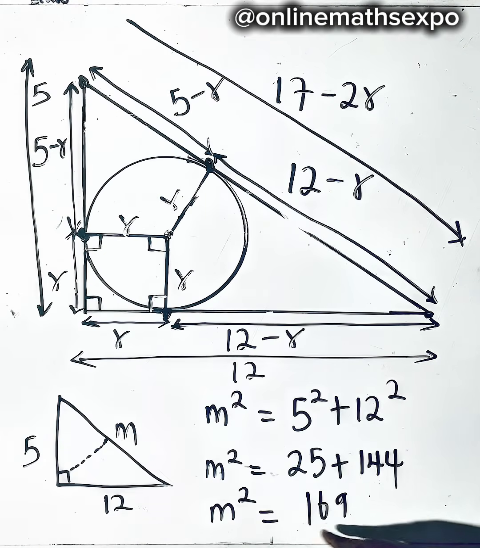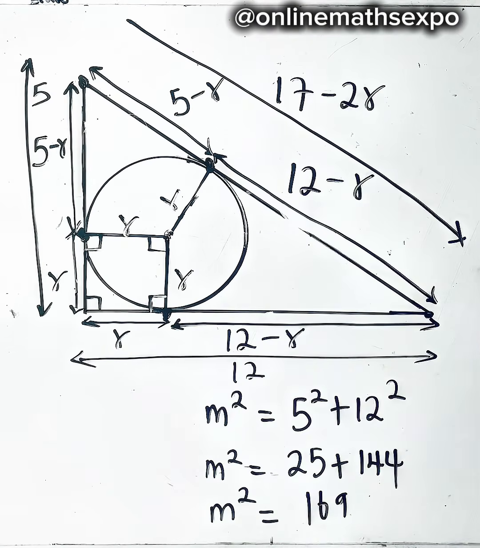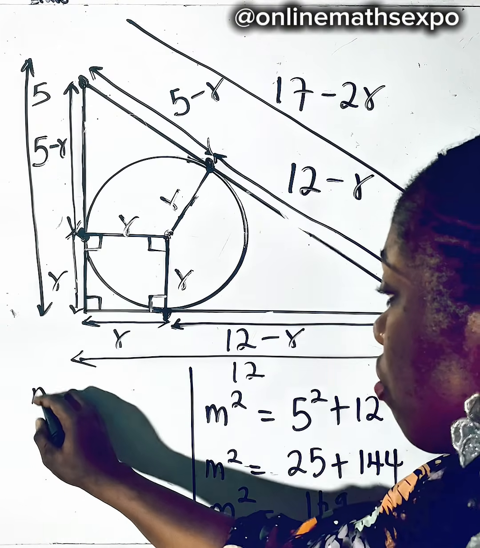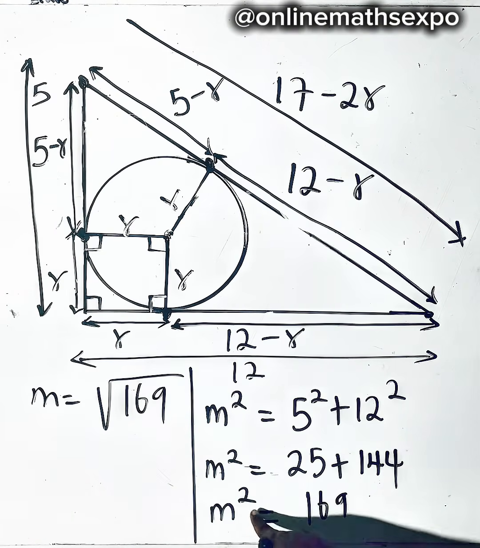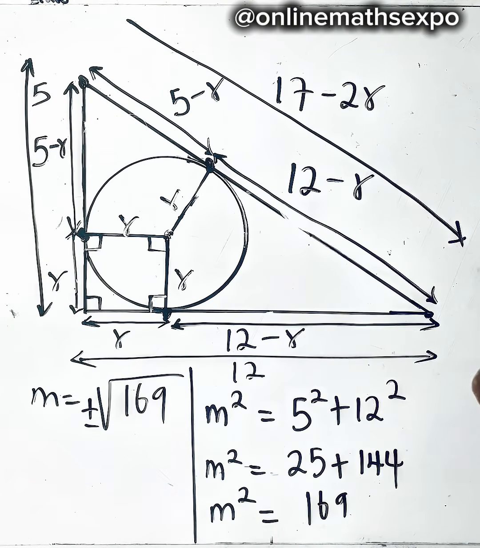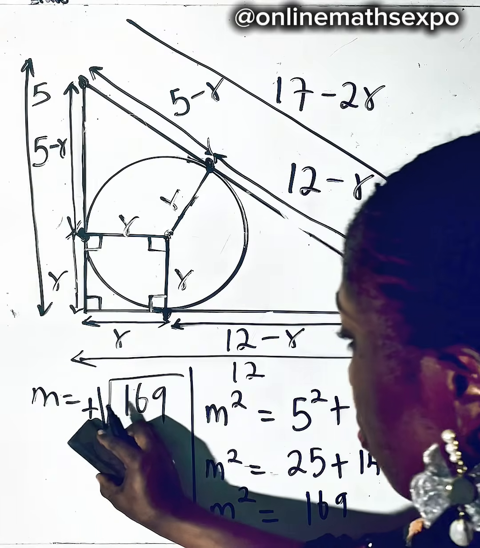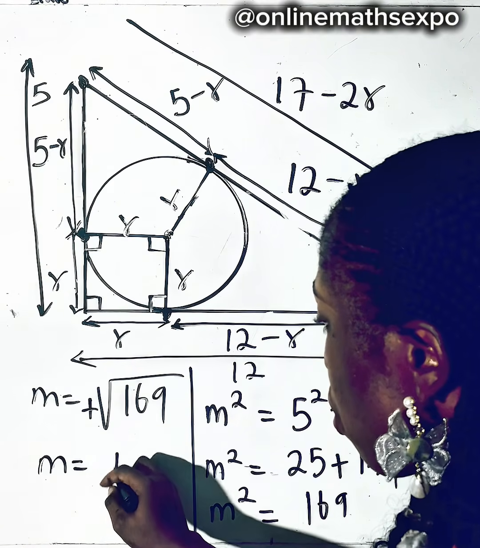So how do we get m? Remove this square, and to do that, you square root. So m will now be the square root of 169. And because it's a square, you need to take the positive and negative value. But since this side can't be negative, we have m is equal to 13.